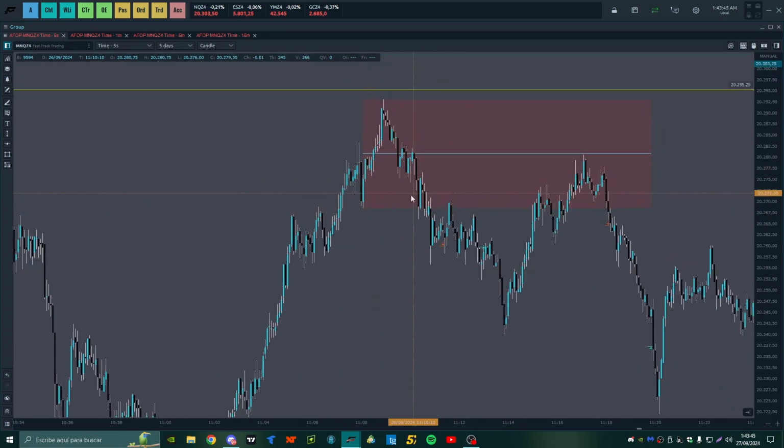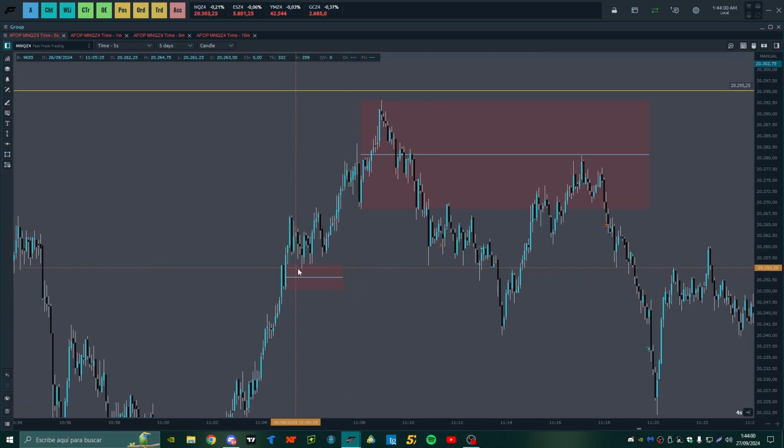The price rejected this low. The rejection didn't come to fulfill its function. And then it gets here. This point is very important. Why? Because the price, in a way, made a small tap to this area.